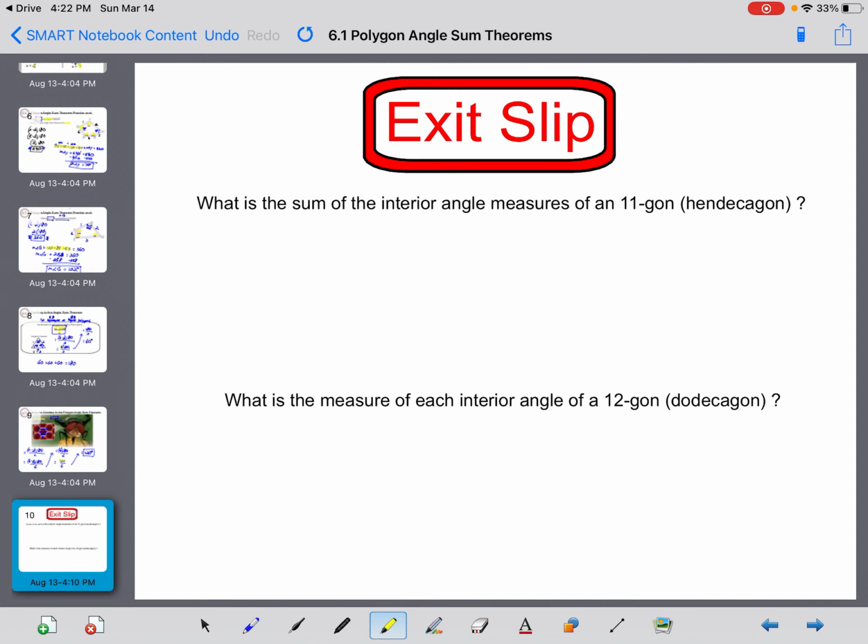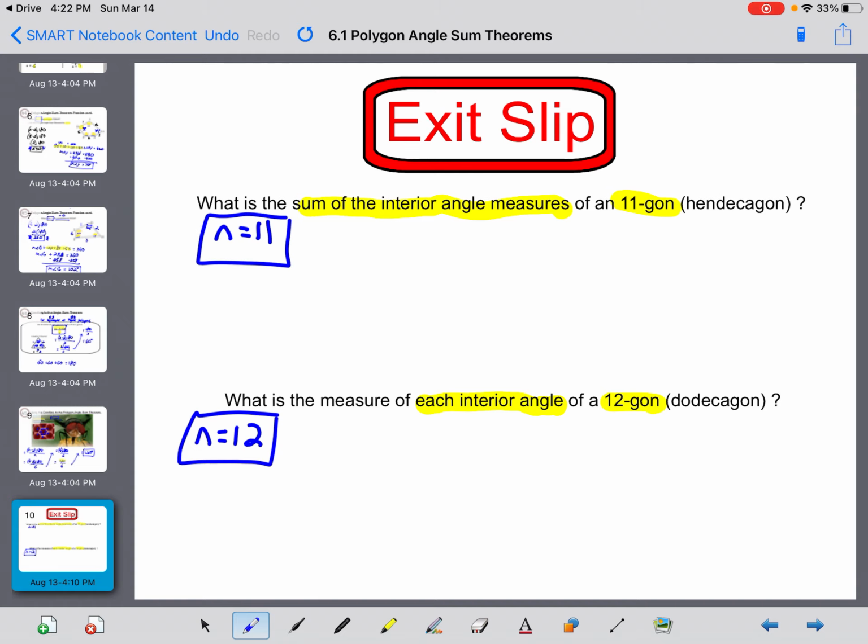Okay, what is the sum of the interior angle measures of an 11-gon? The sum of the interior angles. In the second question, it says, what is the measure of each interior angle of a 12-gon or a dodecagon? So n equals 11 for this one, n equals 12 for this one, and you're going to plug them into the following.